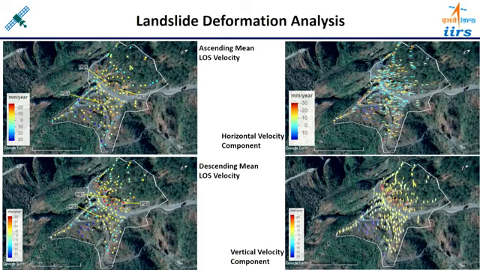V_LOS-D means line of sight velocity from the descending pass. Both were combined together, and the incidence angle and azimuth angles were used, and V_EW was calculated, that is displacement along the east-west direction, and V up and down. So this is V up and down. Okay, so these were carried out.